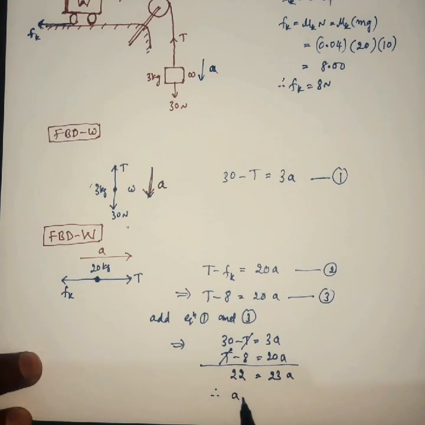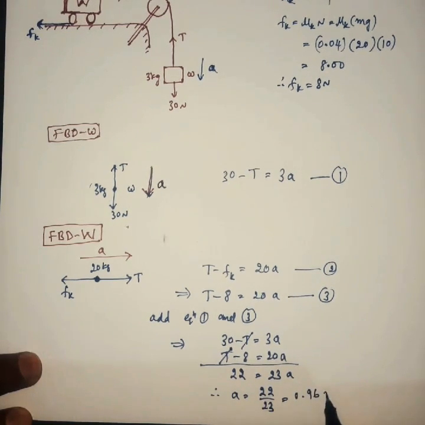From this, acceleration a is equal to 22 by 23, which is 0.96 meters per second squared. Therefore, acceleration a is equal to 0.96 meters per second squared.